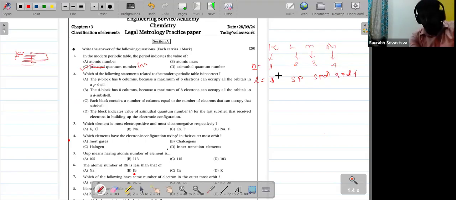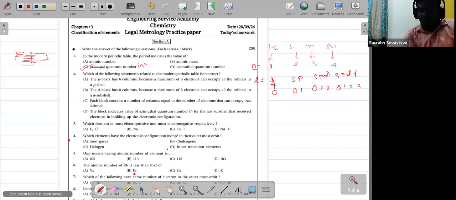So overall 4 subshells. So L value of K shell only 1, that means 0. And next L value, L shell 0 and 1. Next M 0, 1, 2. Next N 0, 1, 2, 3. That means K shell only one subshell available.